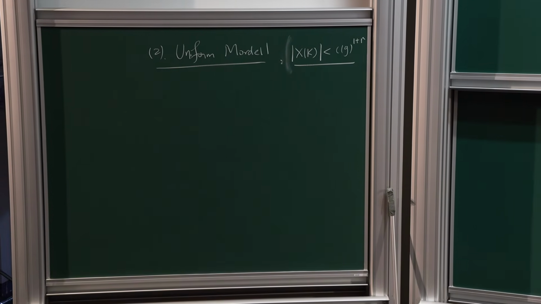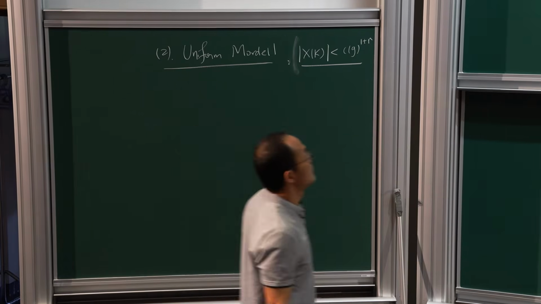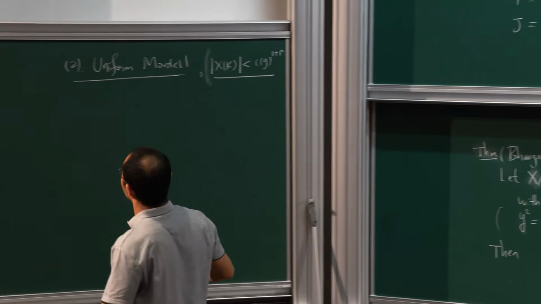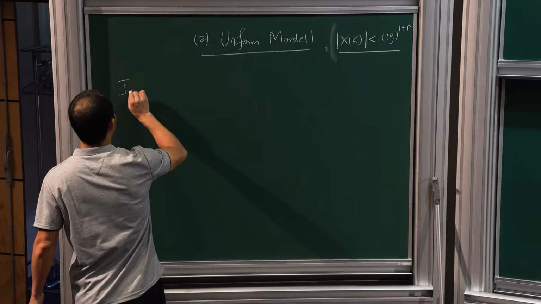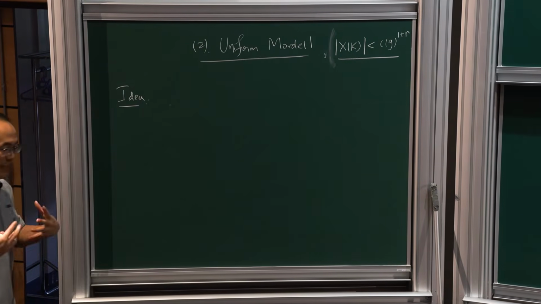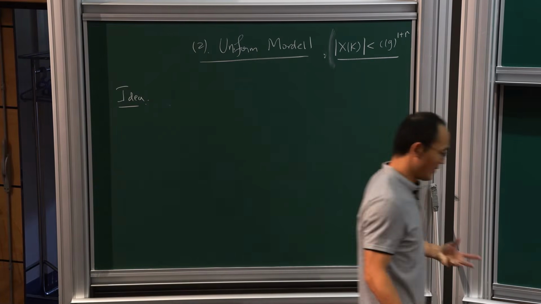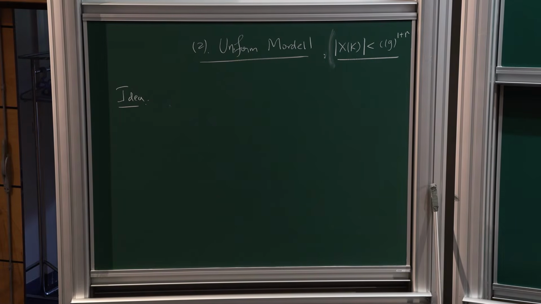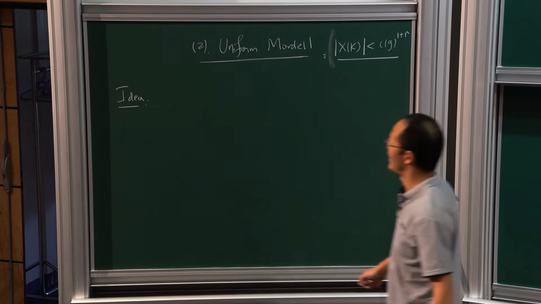Okay, so the idea of the proof is to combine two different bounds. One bound is for the large points, points of large height, and another is for small height.